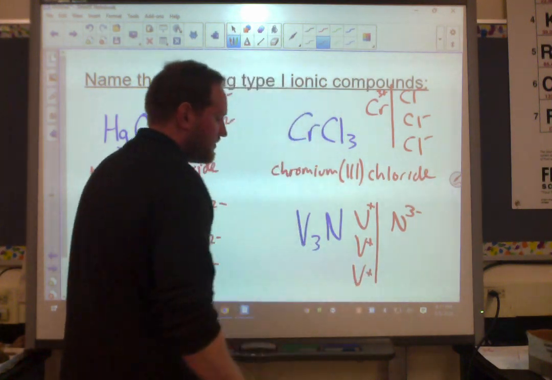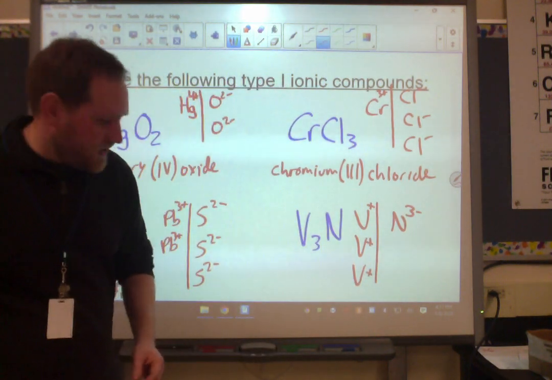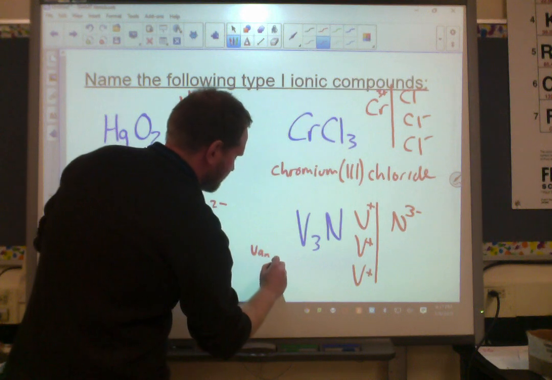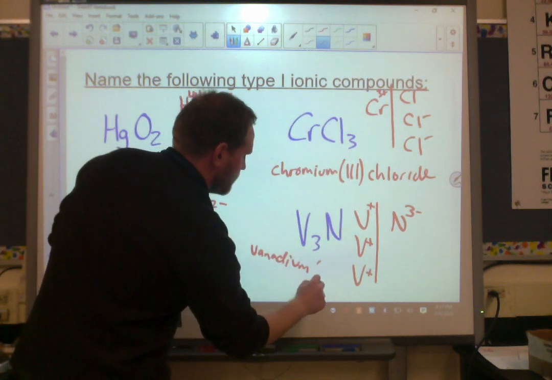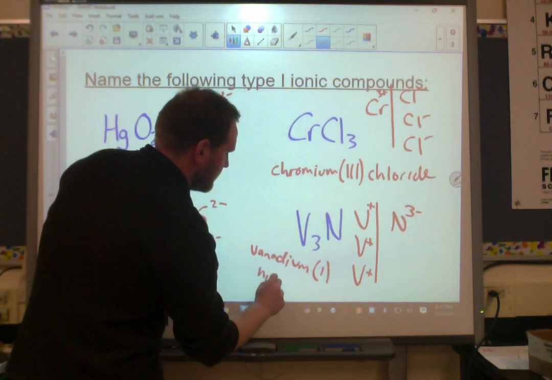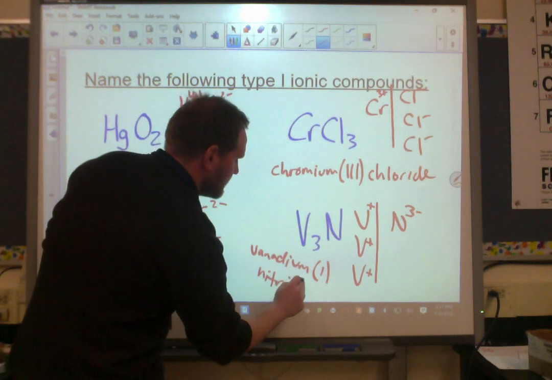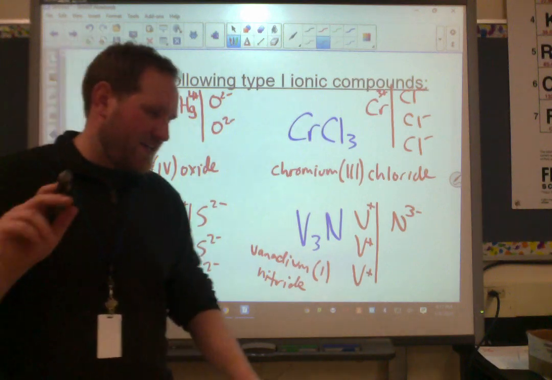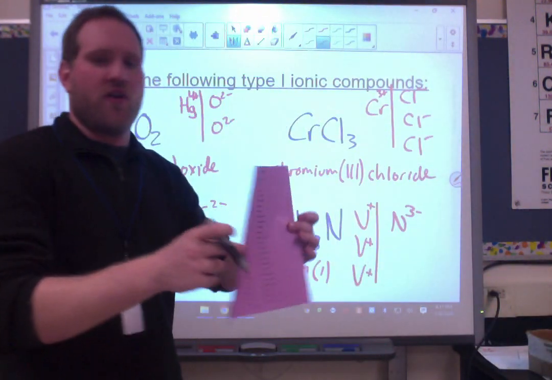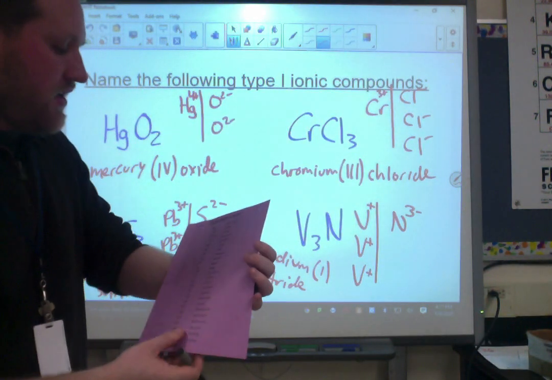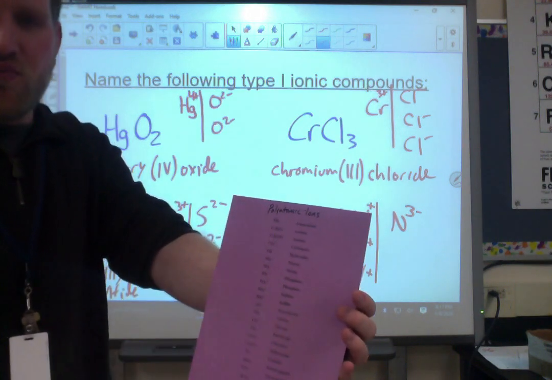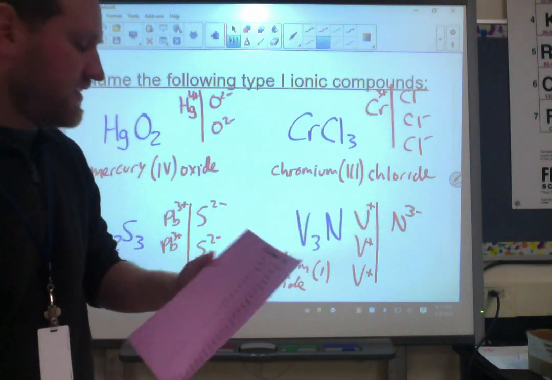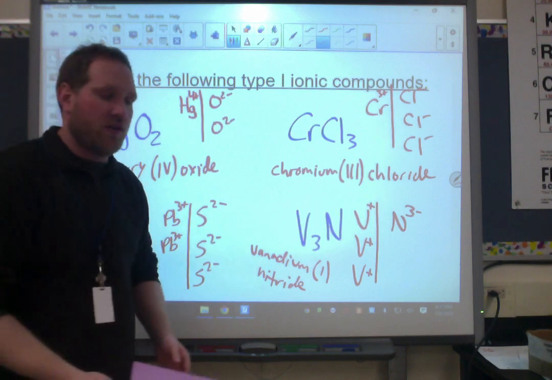That's the only way it works. So this one is going to be vanadium 1 nitride. Nitride. Not to be confused with nitrate or nitrite, which are on your polyatomic ions list. Nitrate and nitrite are 2 pretty common polyatomic ions. Nitride is just regular N.